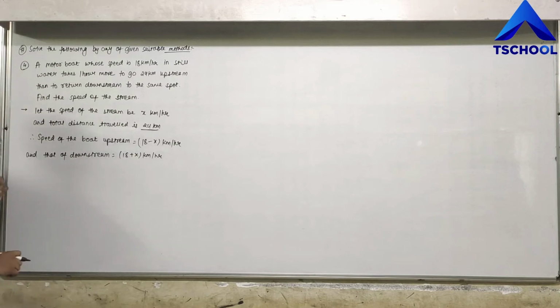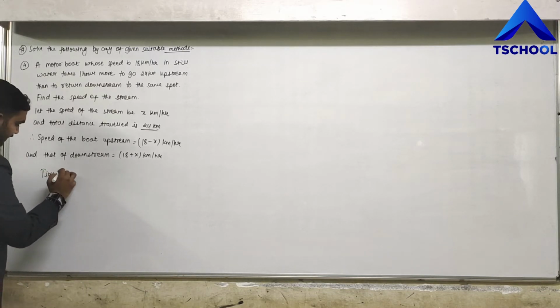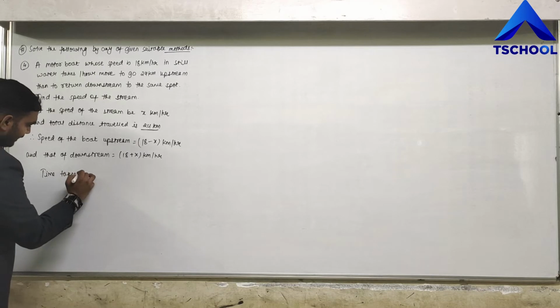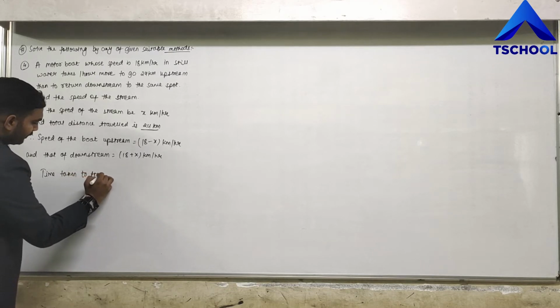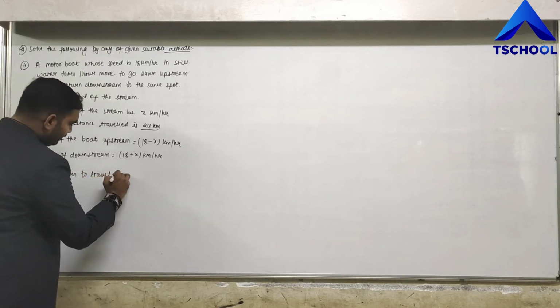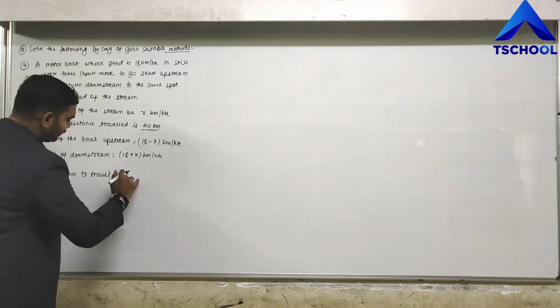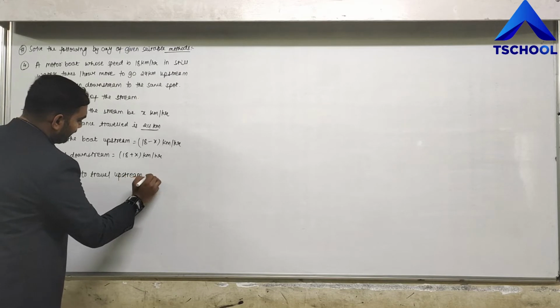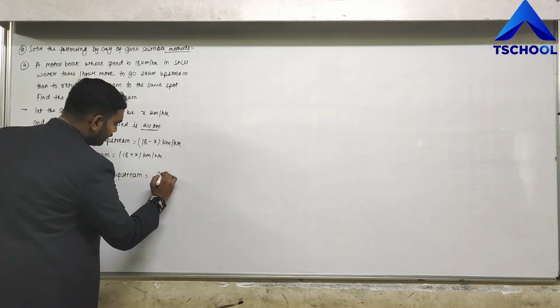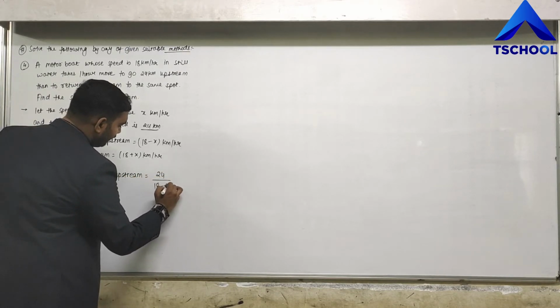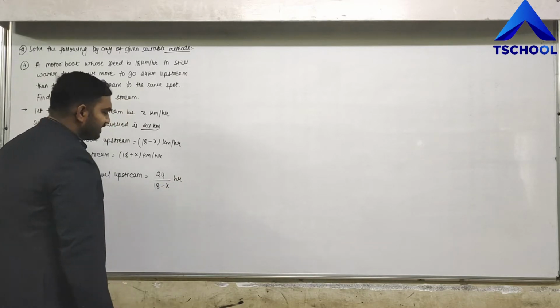So we got the speeds of the boat upstream and downstream, 18 minus x and 18 plus x. Now we shall take the time taken, or we shall find time taken to travel upstream. That is 24 upon 18 minus x hour.